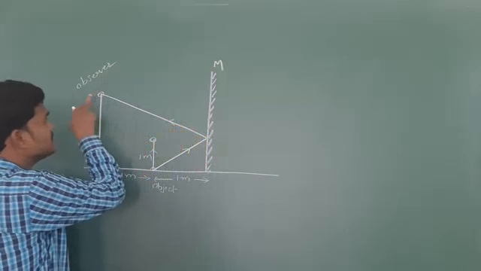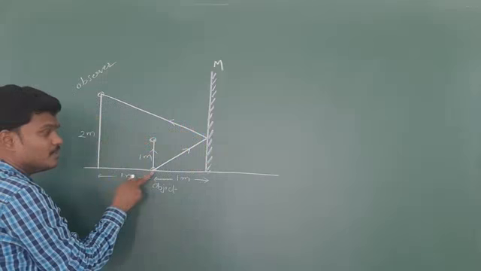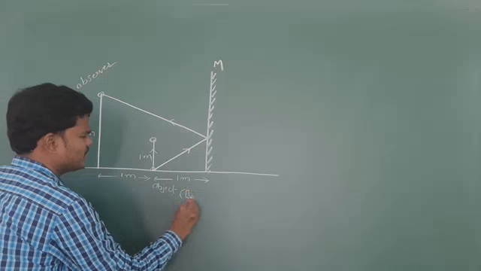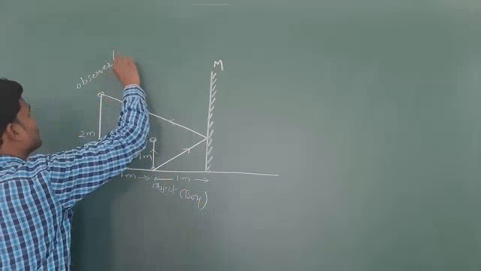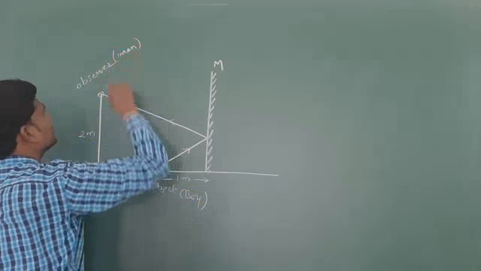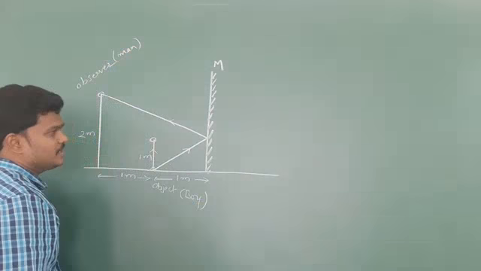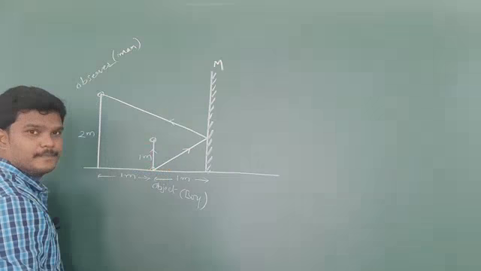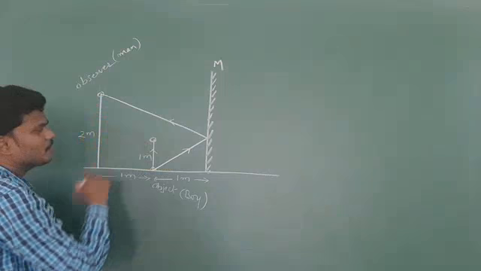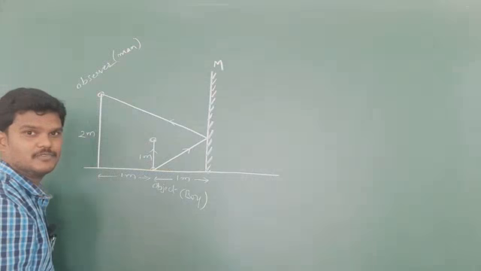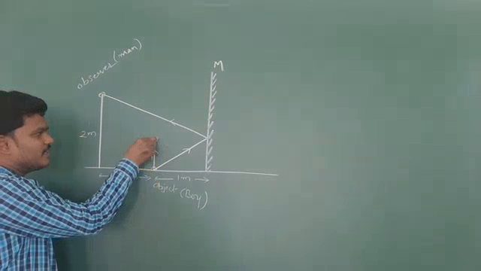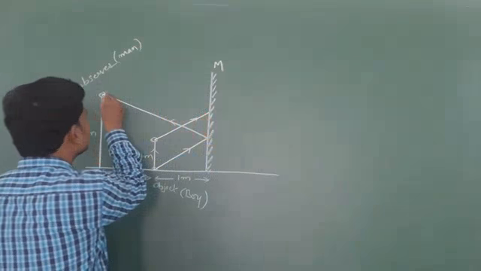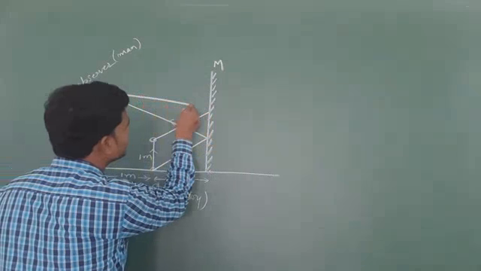It reaches, so the observer is able to see the bottom of the boy. And again he wants to see the top of the boy, the head of the boy. So one of the light rays, let me draw like this, and this light ray again has to reach the man.